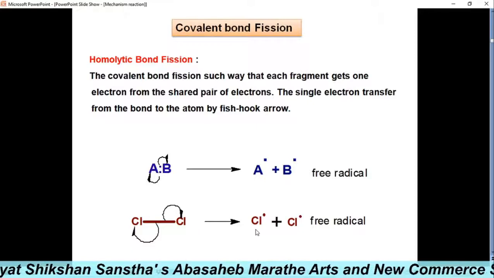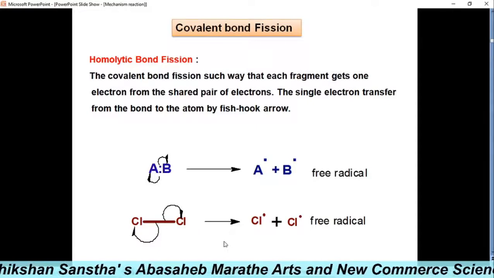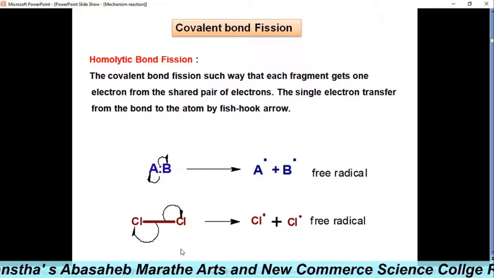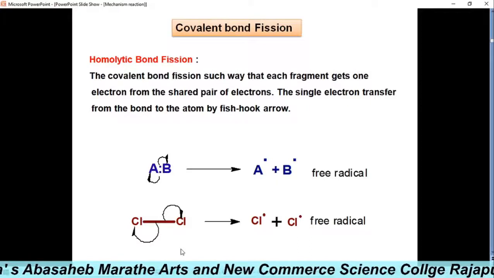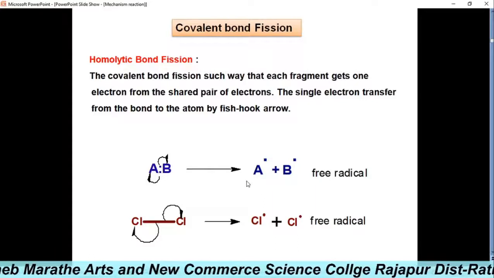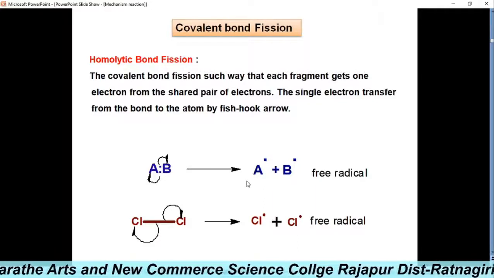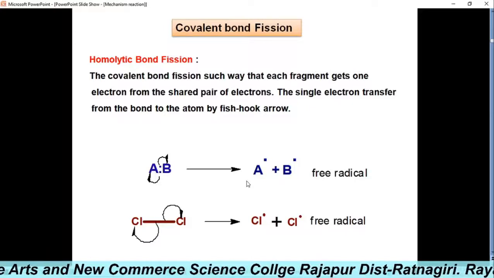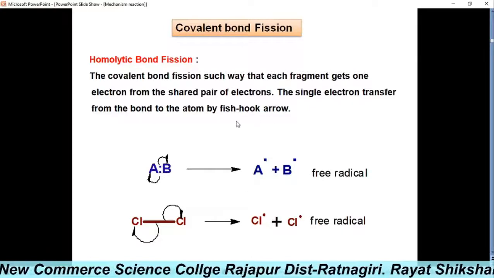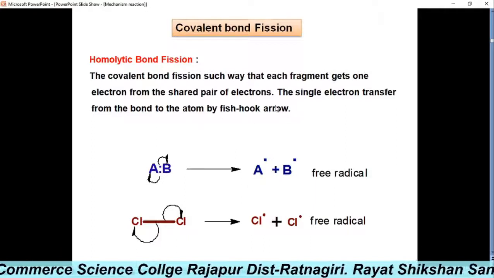In homolytic bond fission, the bond breaking takes place such that each fragment gets one electron from the shared pair of electrons. The single electrons are transferred from the bond to the bonded atom by a fish hook arrow.